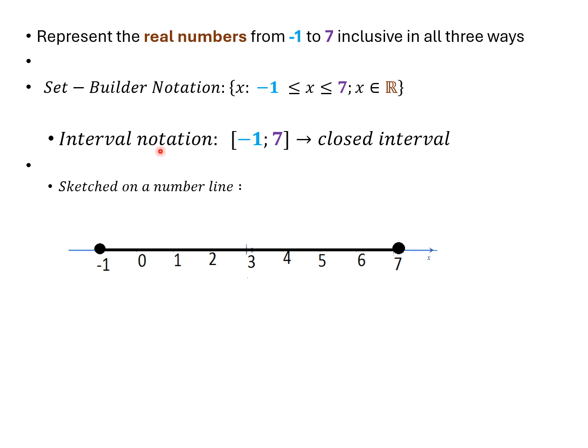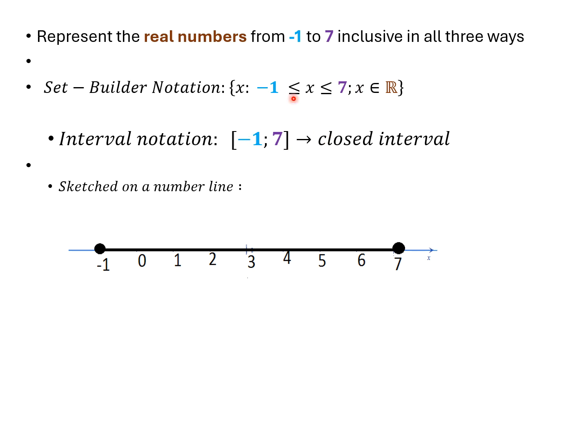In interval notation, we have a closed interval because -1 and 7 are included. So to represent a closed interval, we use what you call closed parentheses, or square brackets, as we sometimes just say as teachers, but it's closed parentheses. We start from -1 and we go till 7, right?